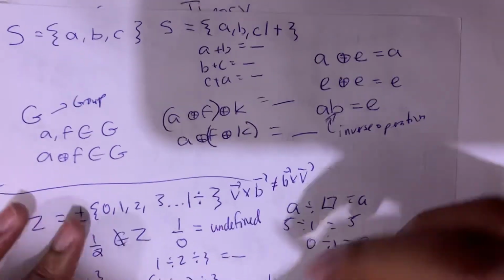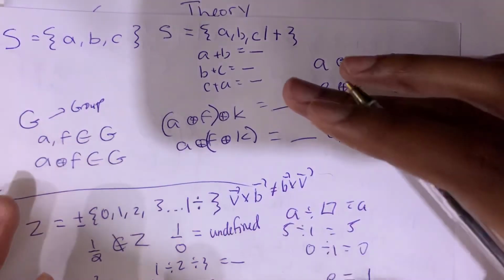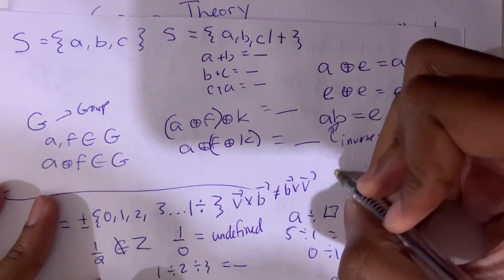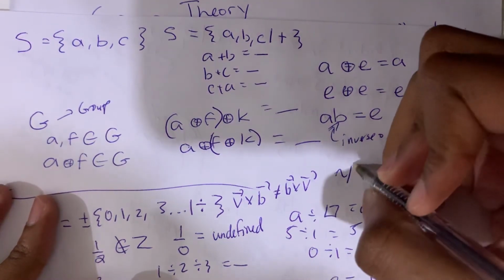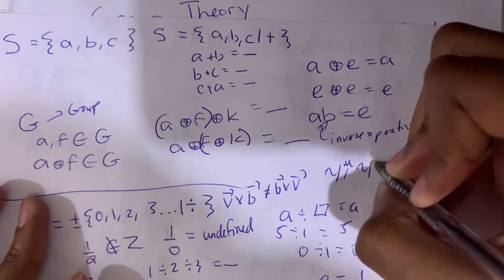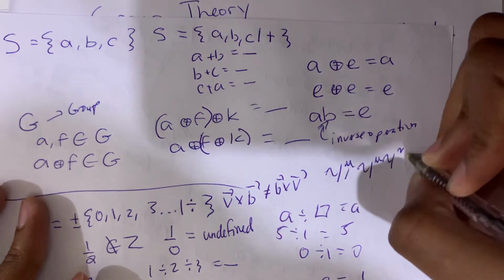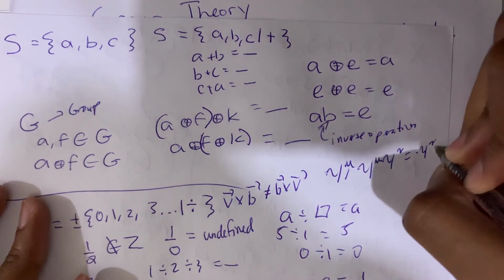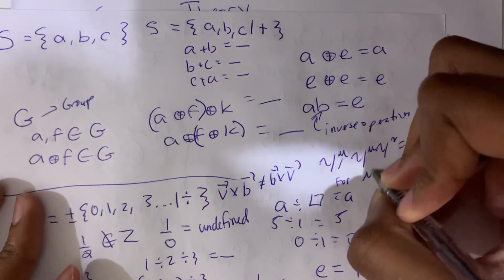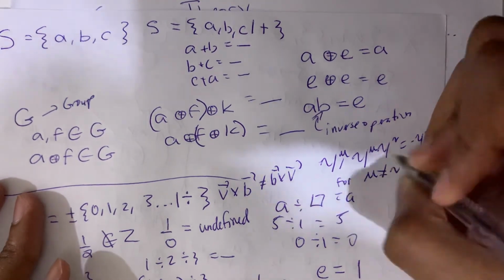Another example, if you saw my space-time algebra video, an example of groups that don't commute would be the gamma matrices. Since gamma mu gamma nu would be minus gamma nu gamma mu for mu not equal to nu.